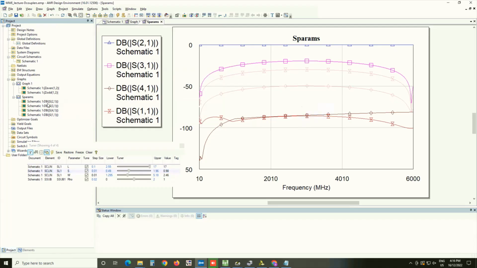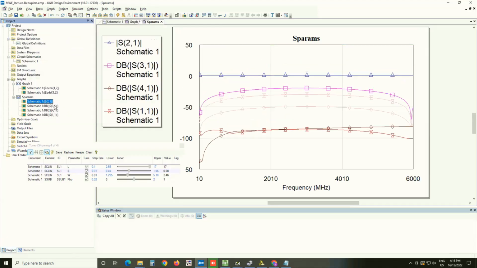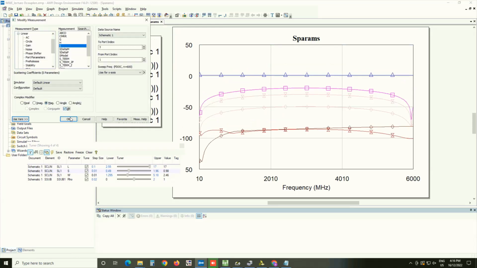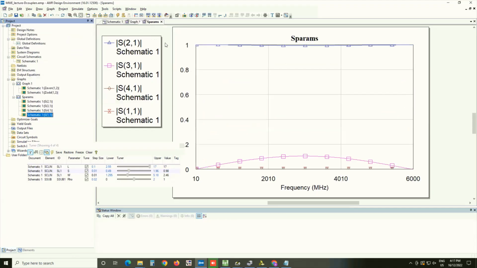Okay. Let's look at this in regular units instead of log units.